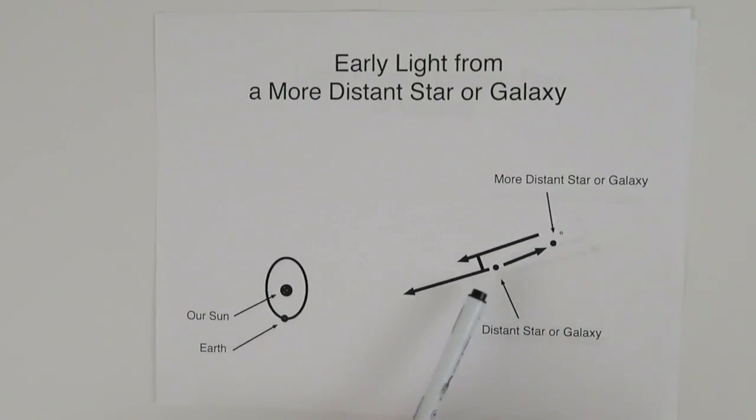Consider that as this star or galaxy is sending light in all directions, and particularly in this direction here, it would join through a pipe to the light pipe that was going from this star here to our star.